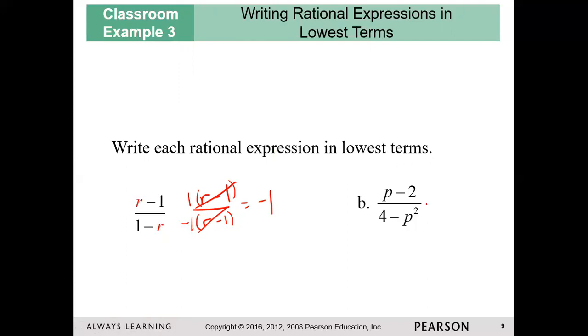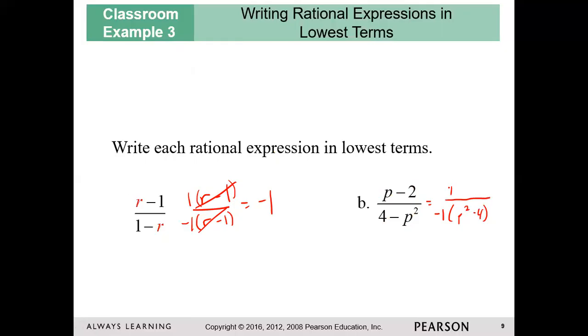Okay. This one is pretty interesting too. Most students see that this is a difference of squares, but in order to cancel with the numerator here, you've got to factor the negative 1 out first so that the order matches up. See how this is variable first, then number, where you have number first, then variable. You're going to want to factor the negative 1 out from the denominator to get p squared minus 4.